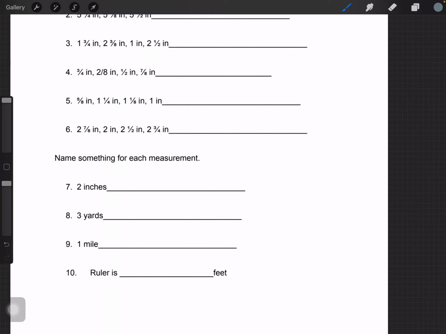Let's do the first one or two. Number 7 says something that's 2 inches, so you're probably thinking like your thumb. Something that's 3 yards would probably be the side of a room. 3 yards is pretty big.